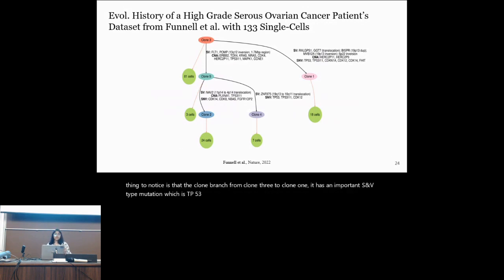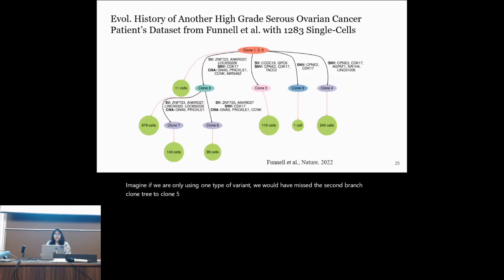However, the branch from clone 3 to clone 5 has some important copy number type mutations: ERBB2, KRAS, NRAS, CCNE1, etc. So we conclude that the branch from clone 3 to clone 1 was mainly driven by SNVs, and the other branch was mainly driven by copy numbers. Imagine if we were only using one type of variant, we would have missed the second branch, clone 3 to clone 5, altogether.